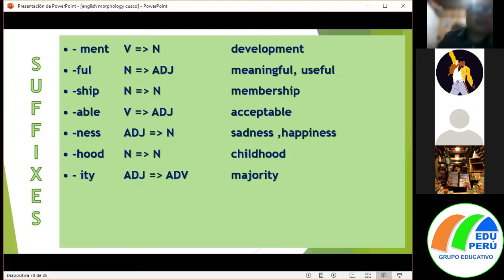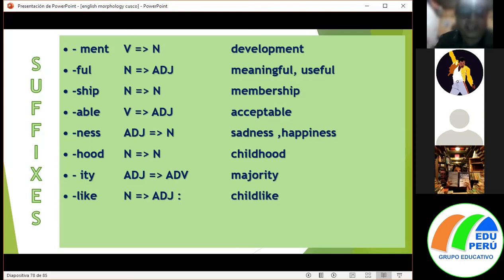-ity, from adjectives to nouns. Major, majority. -like, notice, like is also a suffix. This word is very special because like is a verb, it's an adverb, and now you can see that it's also a suffix. From nouns to adjectives. Child, childlike.